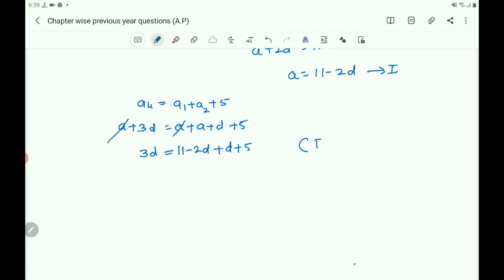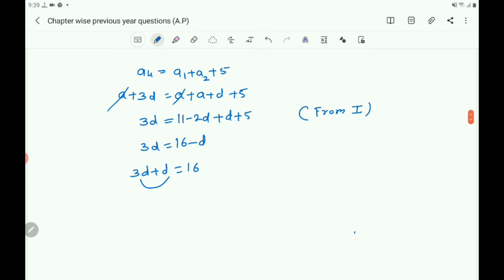Then it becomes 3D equals 16, and minus 2D plus D is minus D. Again you transfer this minus D to the LHS. 3D plus D equals 16.